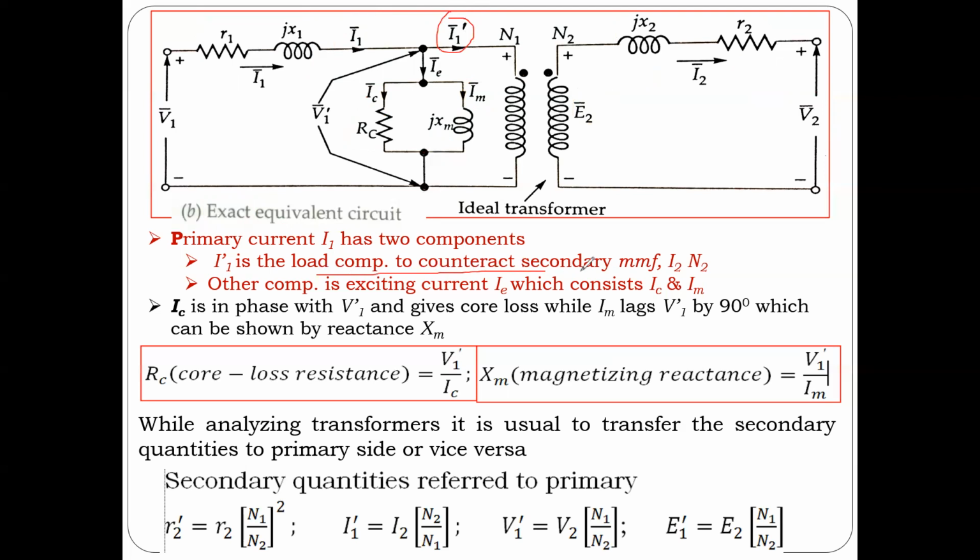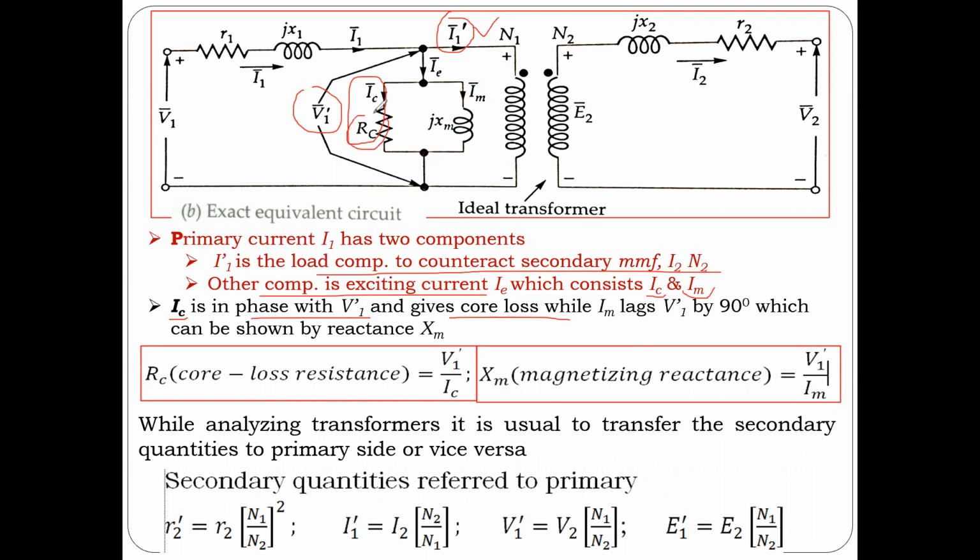The load component counteracts the secondary MMF. The other component is the exciting current, and it consists of a core part and a magnetizing part. This core component of the excitation current is in phase with V1, the induced voltage here, and it gives the core loss. If you multiply these two, that will give you the core loss.